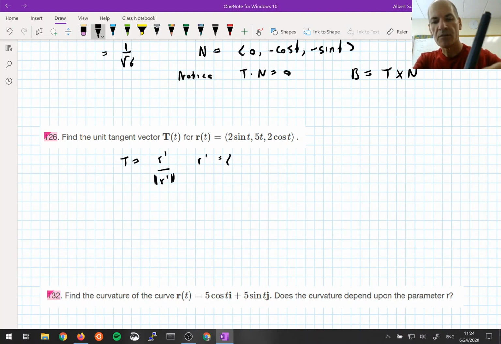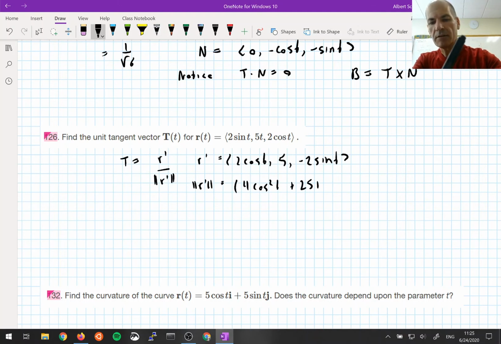R prime is 2 cosine t, 5, and minus 2 sine t, and the magnitude of r prime is the square root of 4 cosine squared t plus 25 plus 4 sine squared t. Another Pythagorean identity coming to our rescue here, and we get the square root of 29.